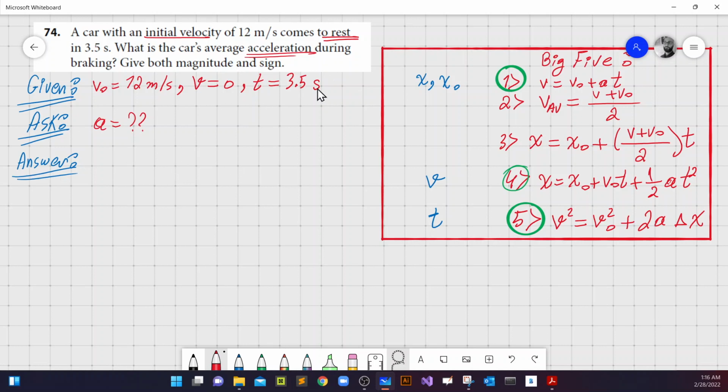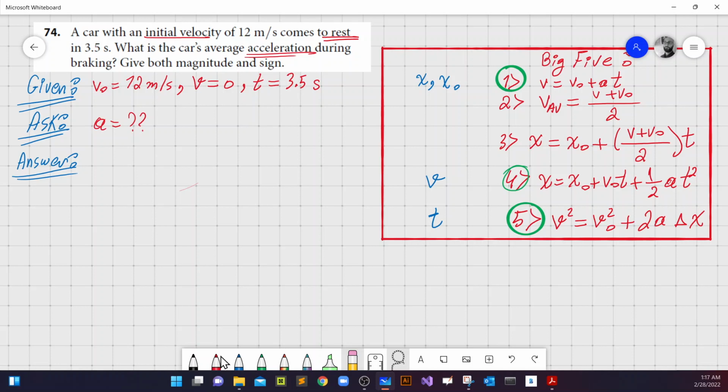How can we solve this question in order to find the average acceleration? We can pick one of the equations according to the given information. Since there are no positions here and no distance traveled is mentioned in this question, we're gonna pick the first equation, v equals v0 plus at. Knowing that we want a, we could solve this equation in terms of a, or it's better to pick another equation.